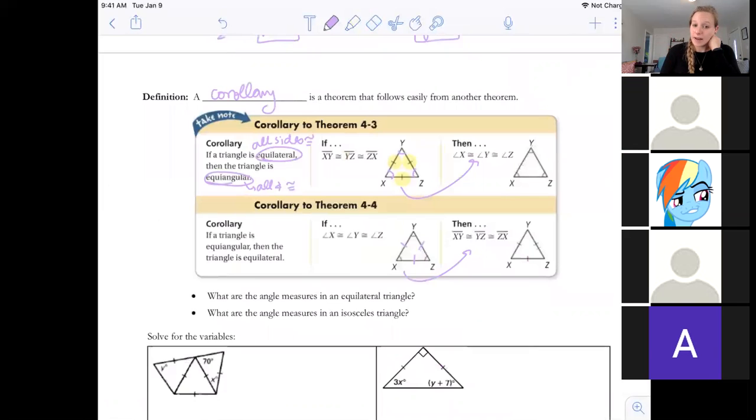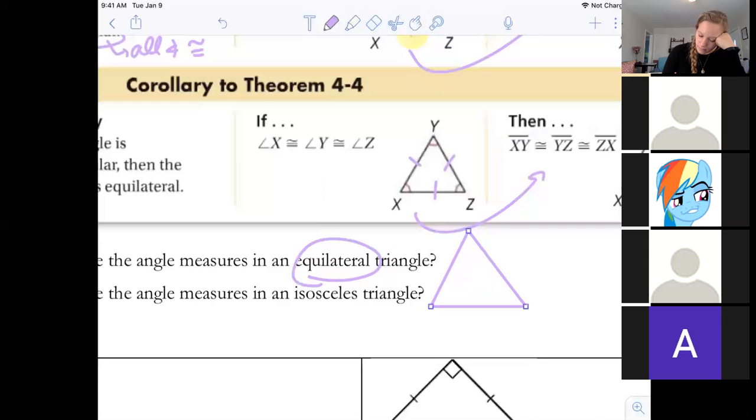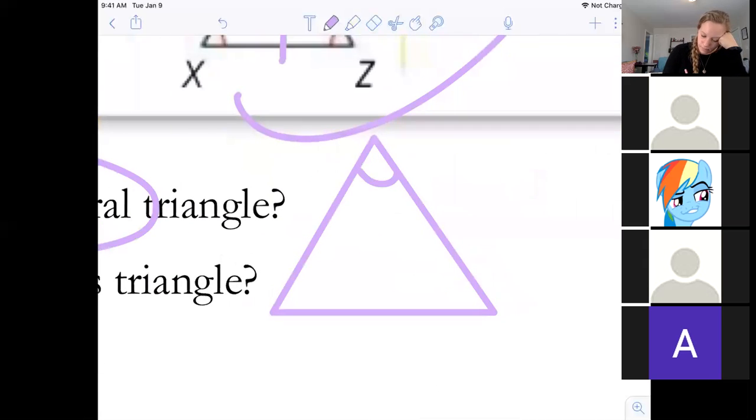That being said, we just talked about equiangular a couple times. What is the measure of all the angles in an equilateral triangle if they're all the same? Each separate one. They would all be 60. Why do you know that, Ava? Because of the triangle angle sum theorem, and in equilateral triangles all the angles are equal, so they'd all be 60.